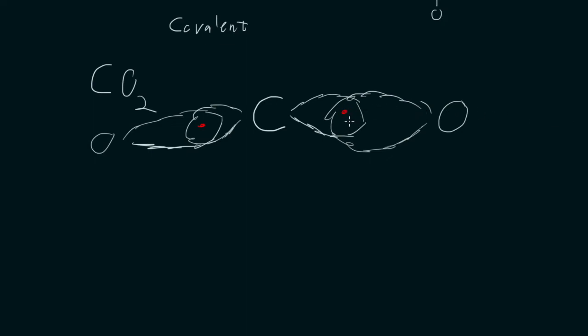And so that oxygen is also going to be sharing its electron. So the carbon has an electron here. This is the carbon's electron. And the oxygen is going to have its own electron. Let's put that in green. So this is the oxygen's electron. And so they're going to both be holding on to both of these electrons, and that's going to cause the oxygen to connect to the carbon. And so in covalent bonding, we have sharing of electrons.